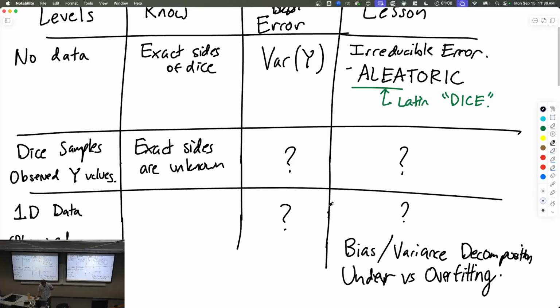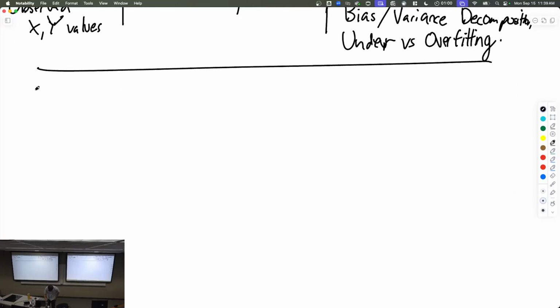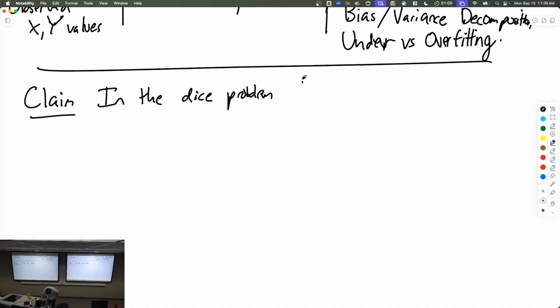Okay, let's start with this thing, and this was the claim I made last time: in the 1D dice problem, the best choice is, what was the best choice?